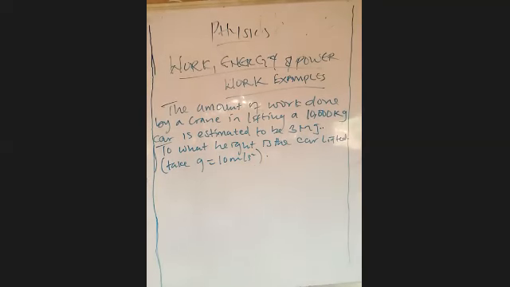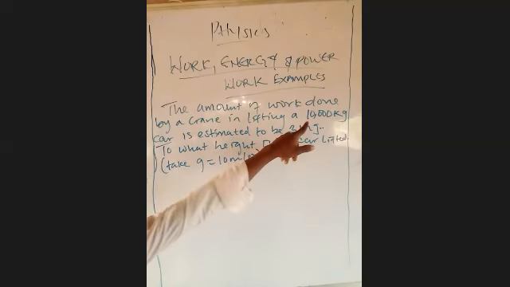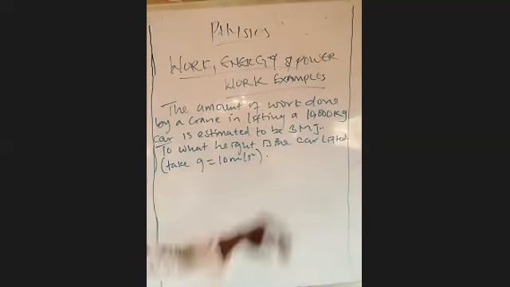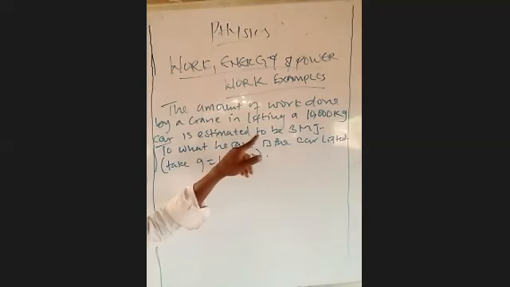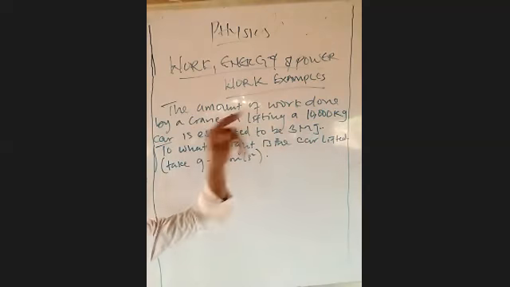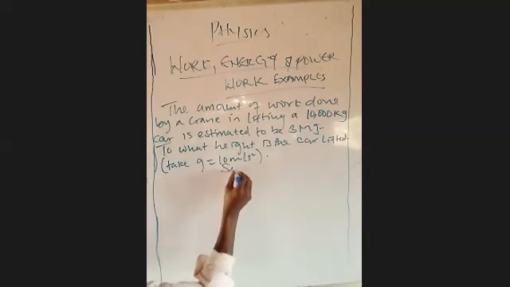Here we were given the mass of the car as 10,000 kilograms. Work done is given as 3 millijoule, and we have to convert this millijoule to joule.